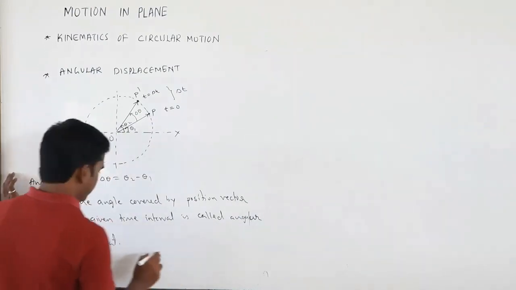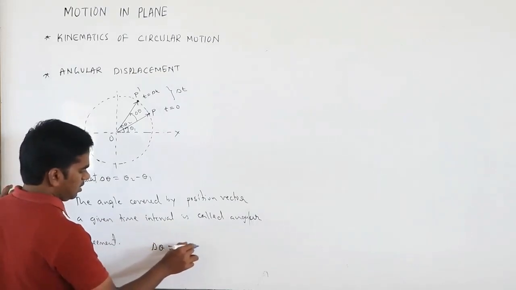So simply you can call it delta theta, or write it as theta 2 minus theta 1.